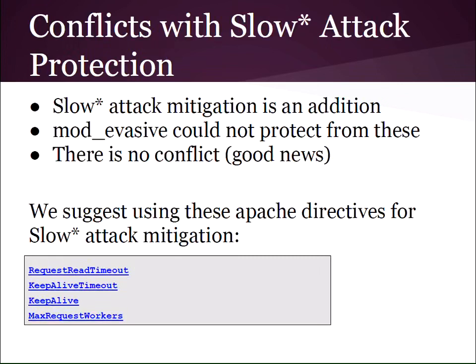If we go down this road of setting up one of these modules and hoping it works, we need to make sure they don't interfere with protection against these popular slow start attacks. Our favorite module, ModEvasive, is not protecting against slow start attacks, but it also is not conflicting with it. So you could come up with a slow start attack mitigation by using regular Apache directives listed below.